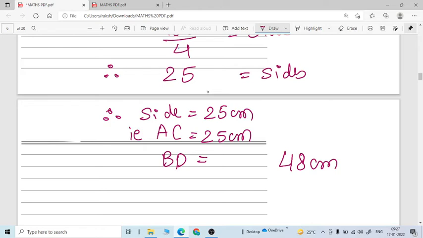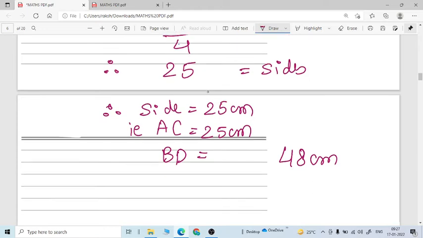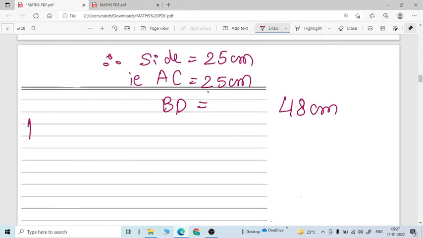Now, by the property, the diagonals of a rhombus are perpendicular bisectors of each other.